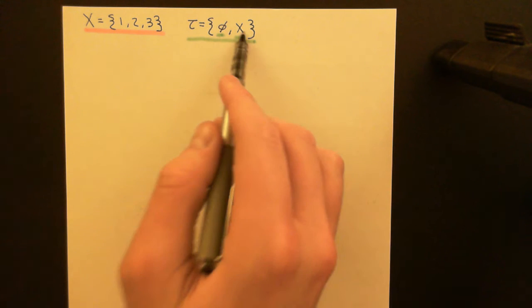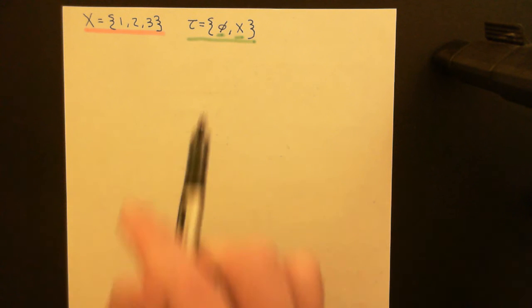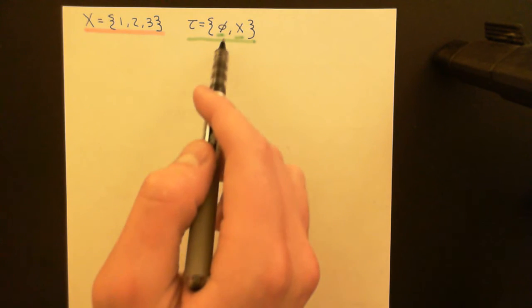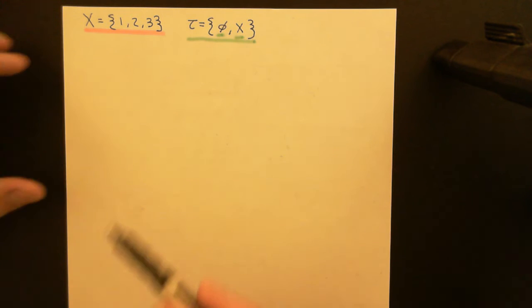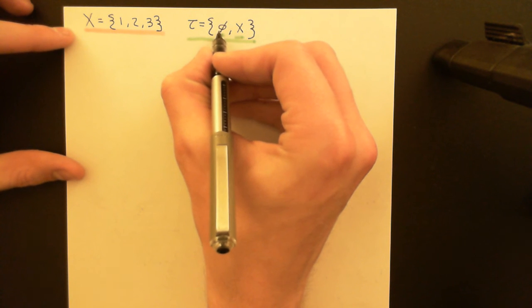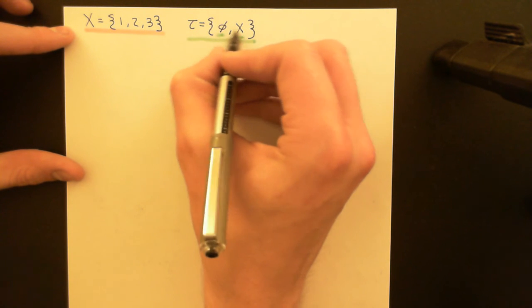And if we do union these 2 together, the empty set unioned with the set capital X, then of course we will end up just with capital X again. Alternatively we could end up unioning together the empty set with the empty set, or X with X, but those will give answers back in here as well.